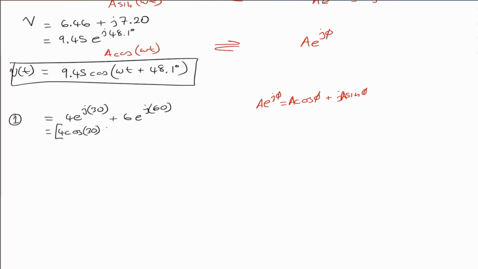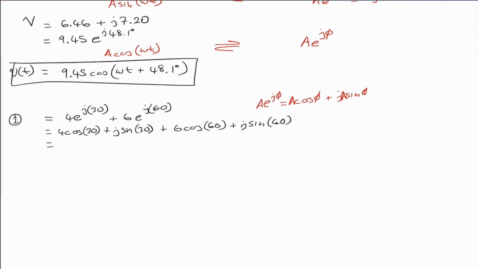Or let's just do it the easier, more clear way, so there's no misunderstanding. We'll just write that out. That's 4 times cosine 30 plus j sine 30, plus 6 times cosine 60 plus j sine 60.